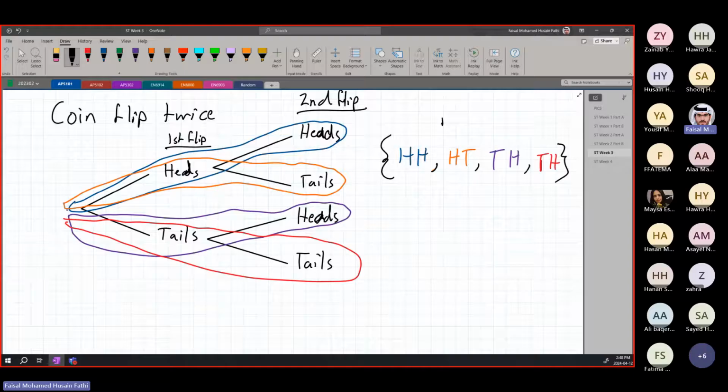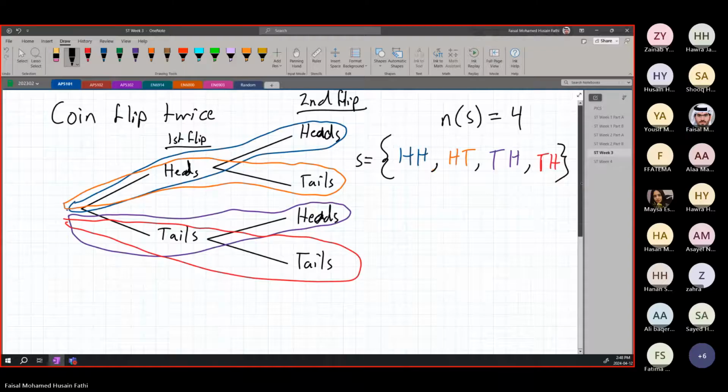So our sample size, n of S, where S is the sample space. If you remember from the beginning of the session, when we find the cardinality of a set, this is the same idea. We have a set here, the cardinality of the set is equal to 4, the total number of options in the set. Now, let's say we want to find the probability of getting double heads in a row.